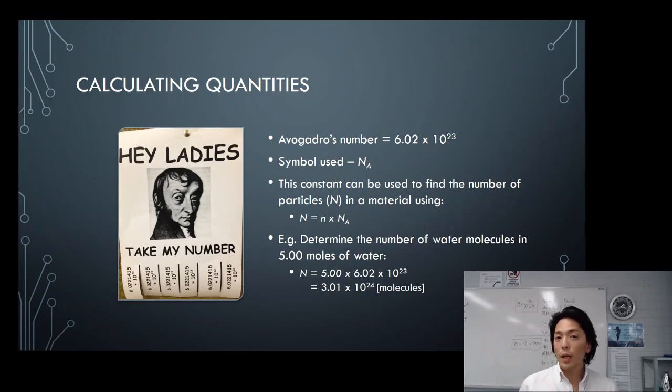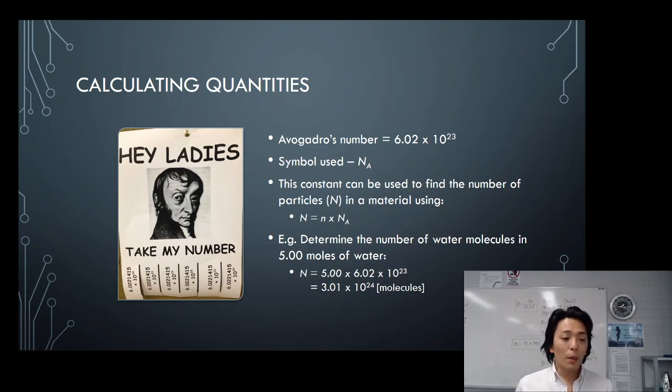The symbol used for that is Na, capital N and capital A subscripted. This constant value can be used to find the number of particles, which is just capital N, number of particles, in the material using N equals n times Na. So number of particles present equals number of moles times Avogadro's number.